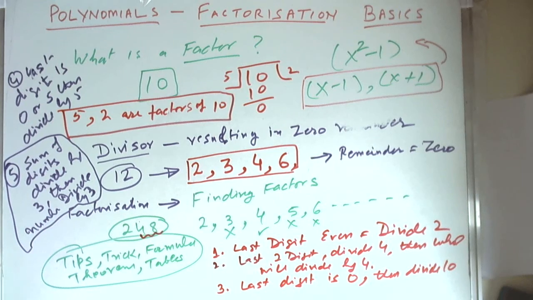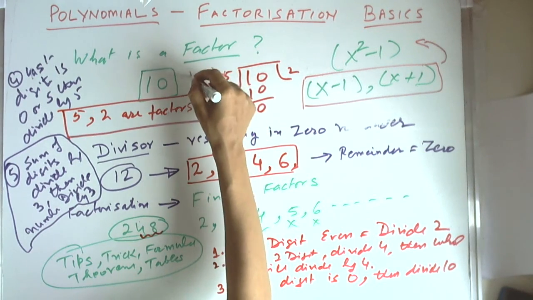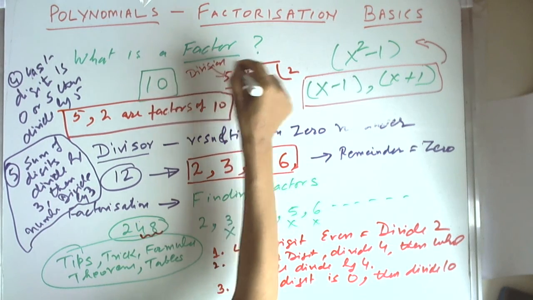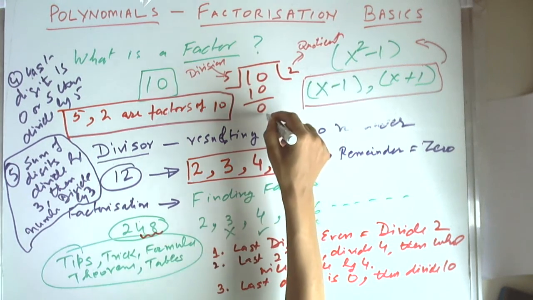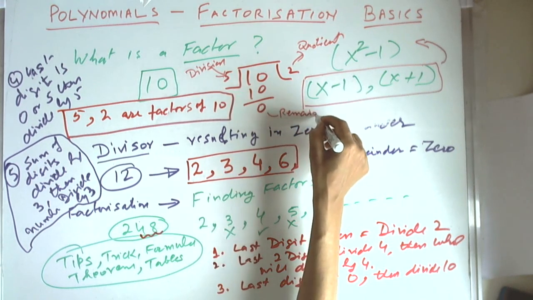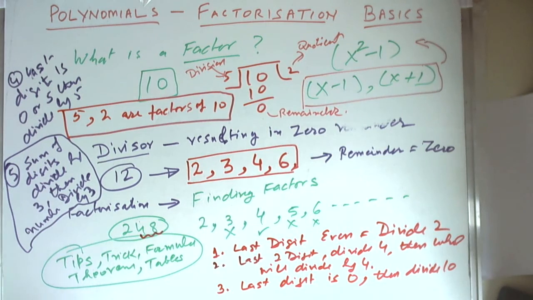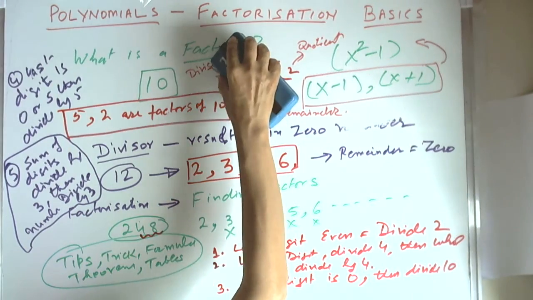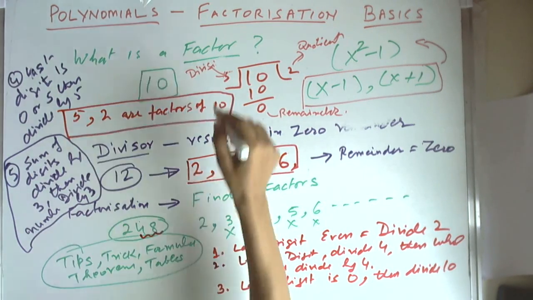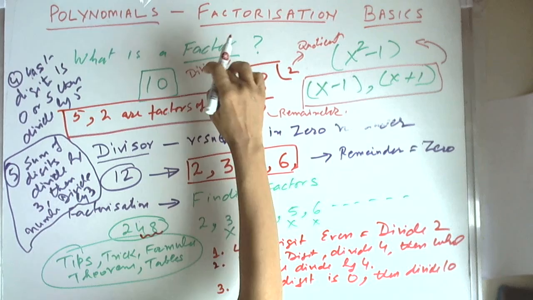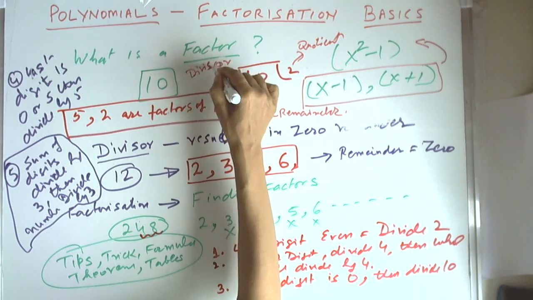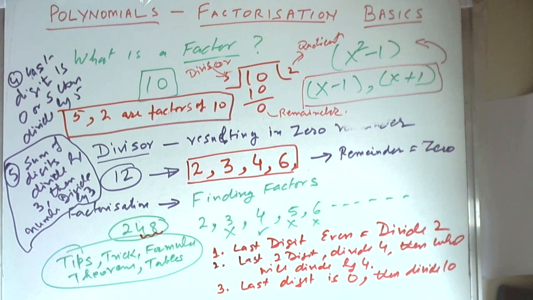As you know, this is called the divisor, this is the quotient, and this is the remainder. We have learned this earlier, but I am writing it again here. So the divisor which results in remainder 0 is a factor.